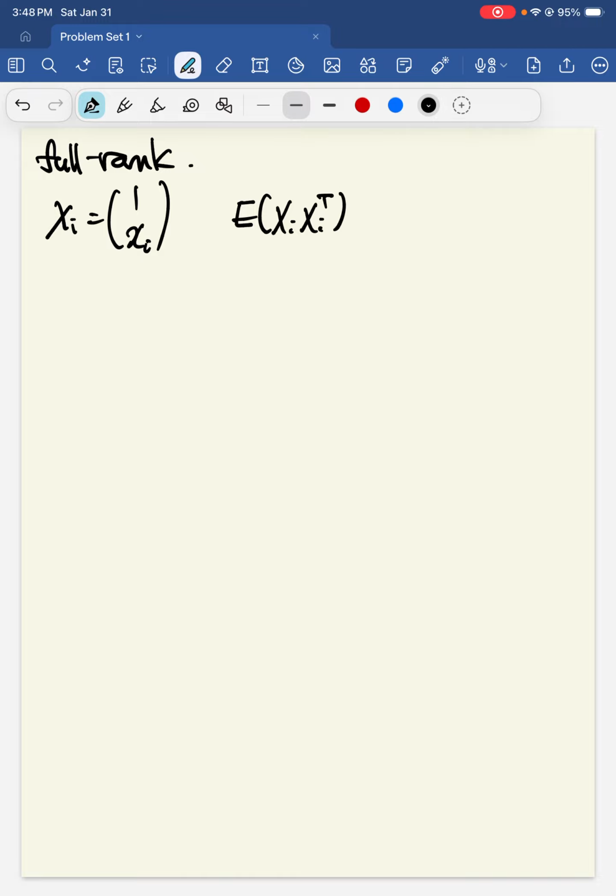The next, we have to show the full rank assumption. Okay. Again, we are going to use uppercase X as a vector. And then we need to show that E[xi xi transpose] is invertible.